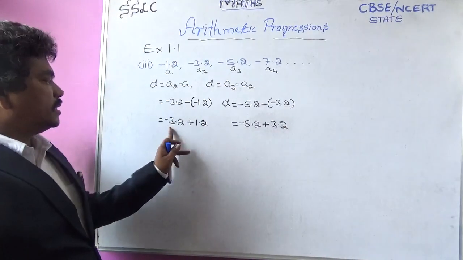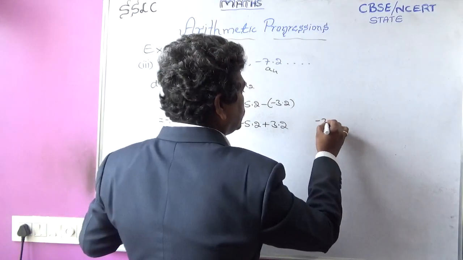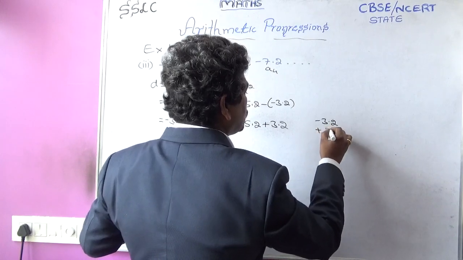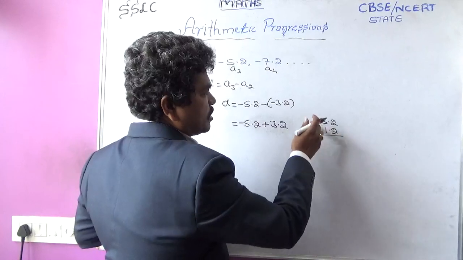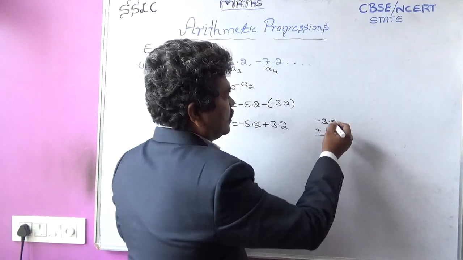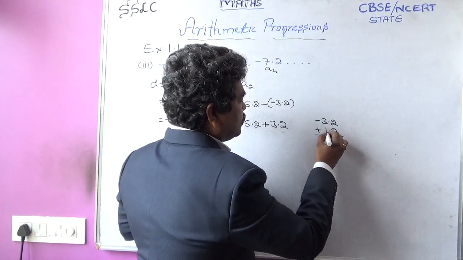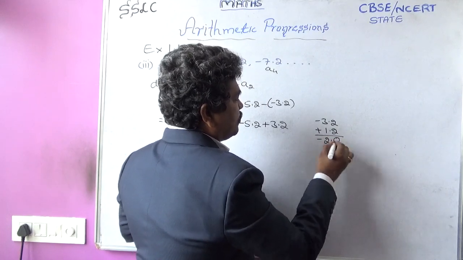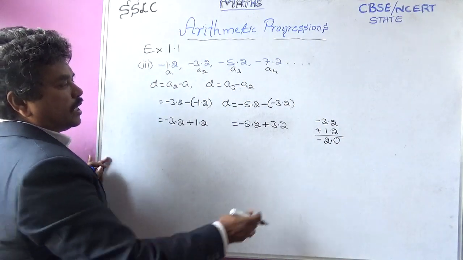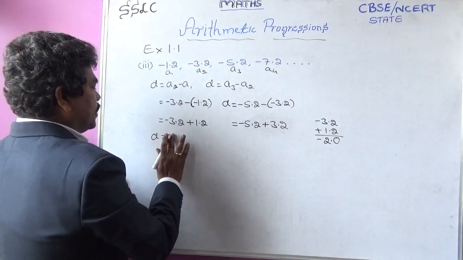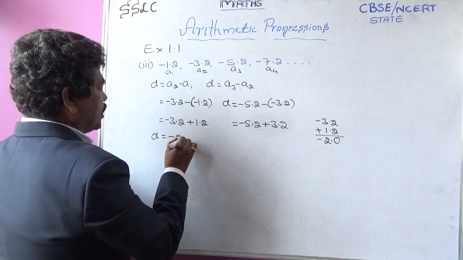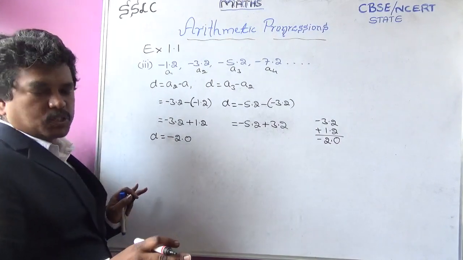So now we have to subtract these two first. Minus 3.2 plus 1.2. Here you observe, because the symbols are different, you have to subtract. 2 minus 2 is 0, 3 minus 1 is 2, and because the greater number is minus, you write D is equal to minus 2.0, or it may be minus 2.